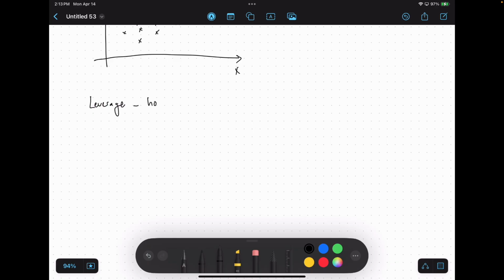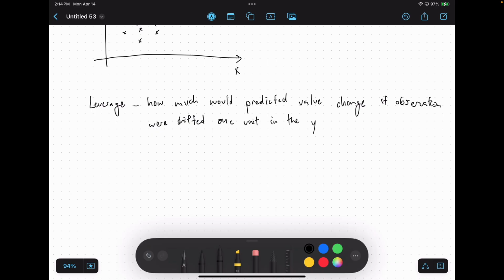This is how much the predicted value would change if the observation were shifted 1 unit in the y direction. So leverage is always between 0 and 1.